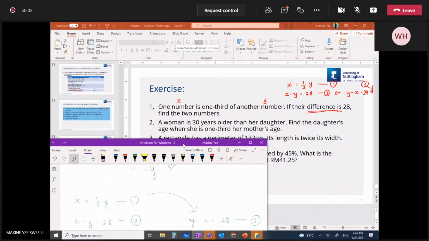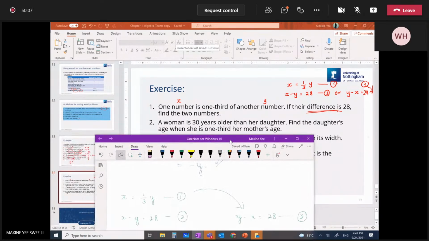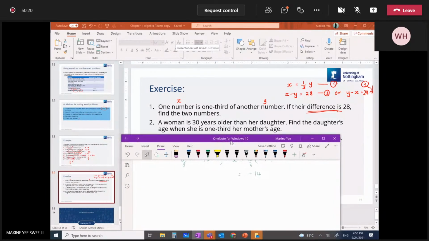Alright, let's go to the second question. A woman is 30 years older than her daughter. Find the daughter's age when she is 1/3 her mother's age. Very interesting. So again, when we deal with this type of problem, we need to define what is the unknown.